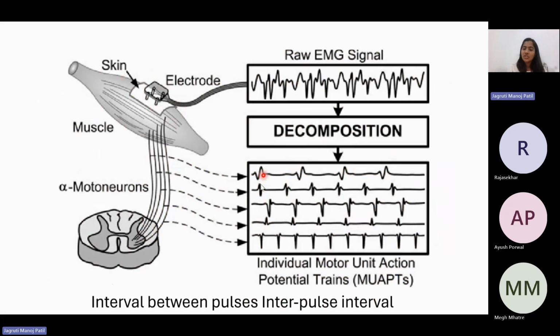But surface potentials have a lot of noise within them, and if you move or contract something, that might also add additional signal to what you're trying to capture. The interval between the pulses over here is called the interpulse interval, but this method is no longer used. It's just for your information that people initially tried decomposing the EMG signal, and they had individual motor unit action potentials represented as this.